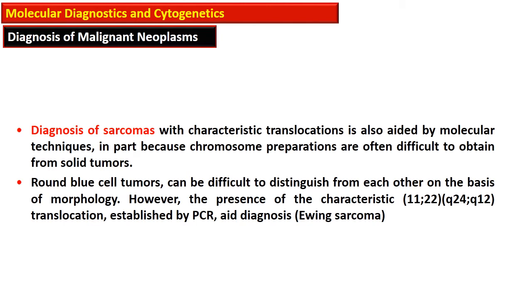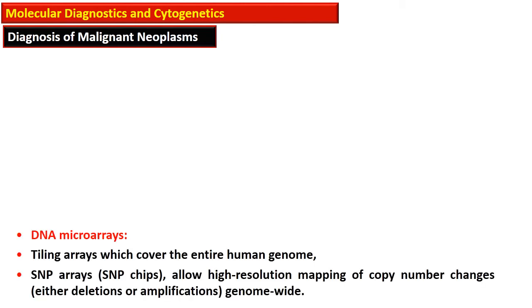But if PCR or FISH shows that there is a translocation between chromosomes 11 and 22, it establishes the diagnosis of Ewing sarcoma.